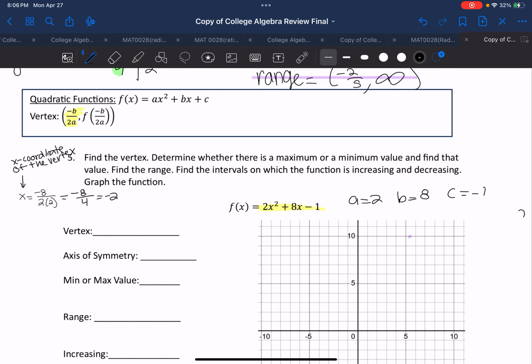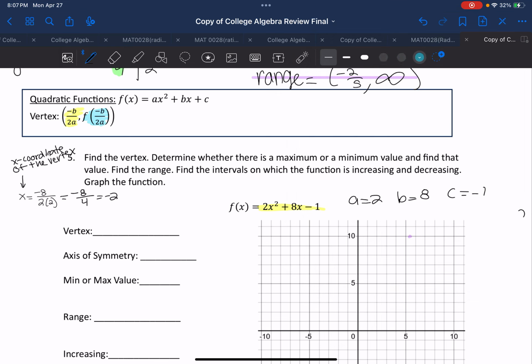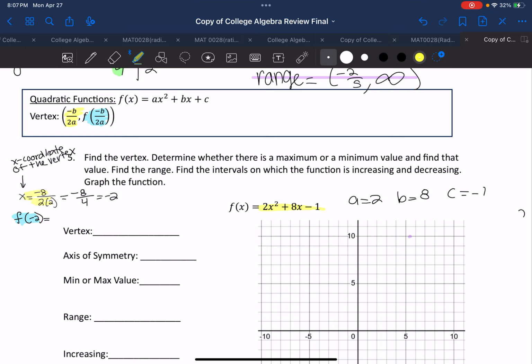And then I'm going to plug that value into the function to find the y value of my vertex. So I'm going to plug in -2 to find the y value of my vertex. So I'm plugging it into this function here. So this would be 2 times negative 2 squared plus 8 times negative 2 minus 1.